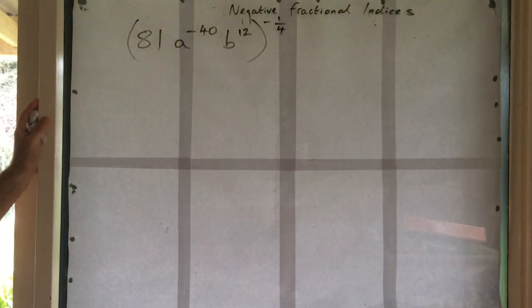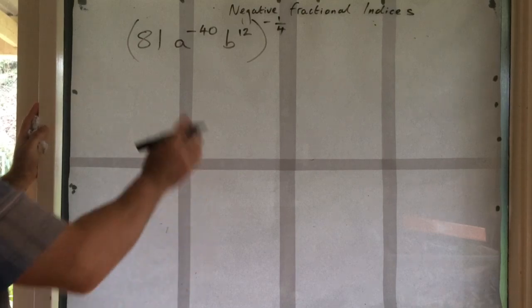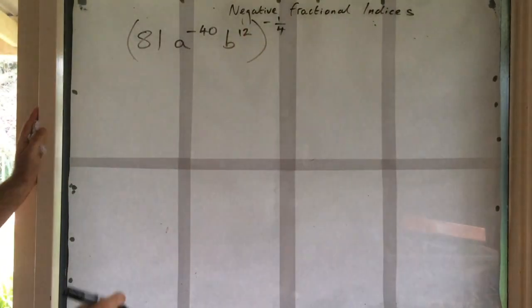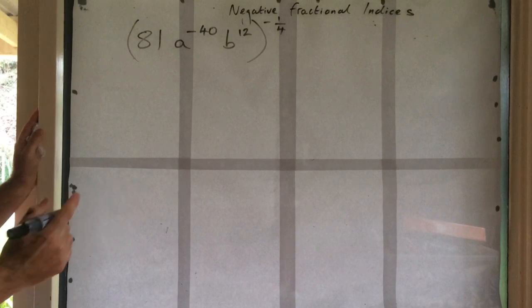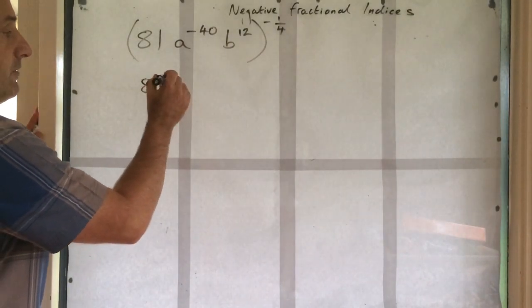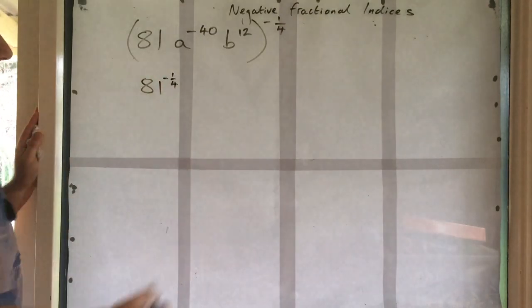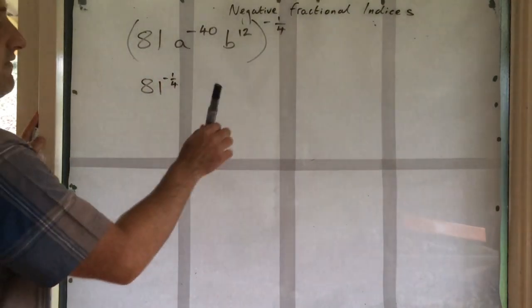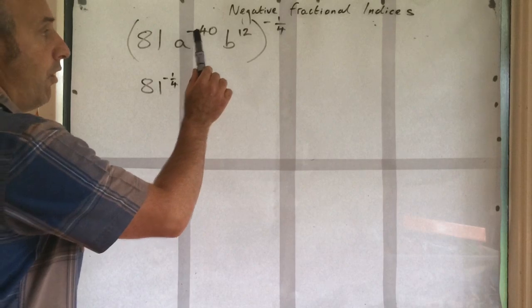Now, it's really important that you're a really neat writer and you lay your work out really well. So what I'm going to do is break it down. Everything is to the power of negative quarter. So now we've got 81 to the negative quarter.